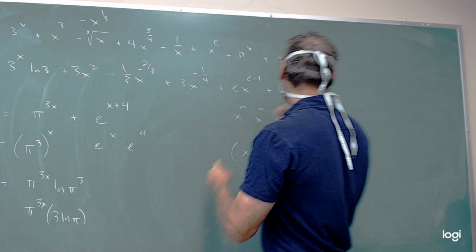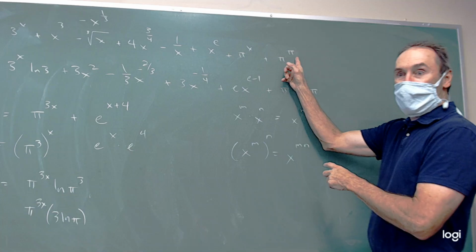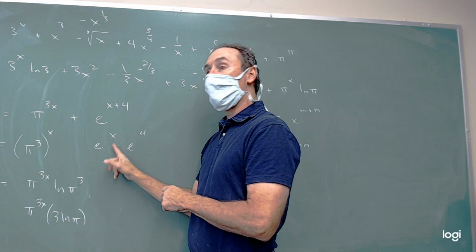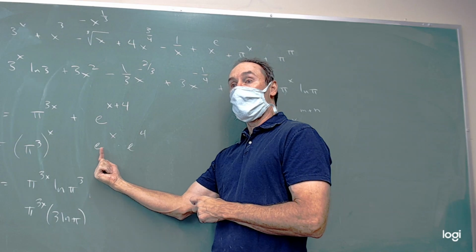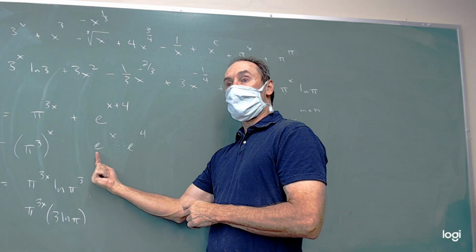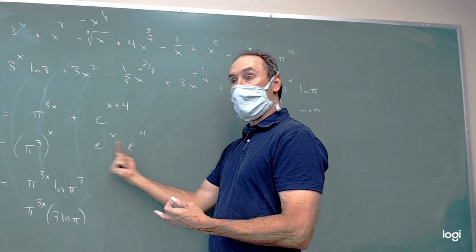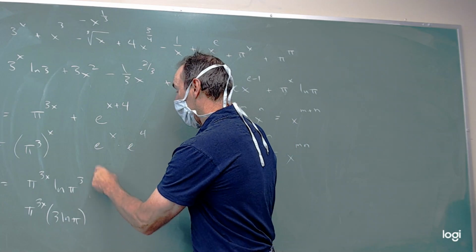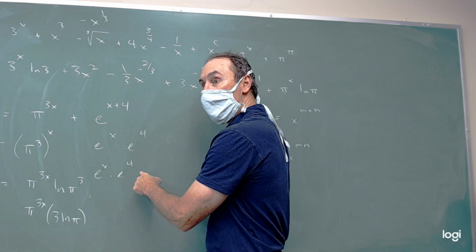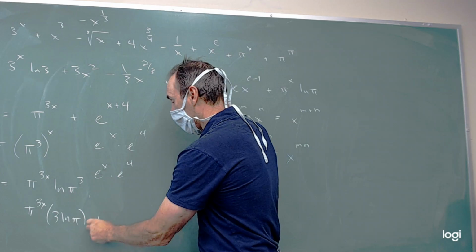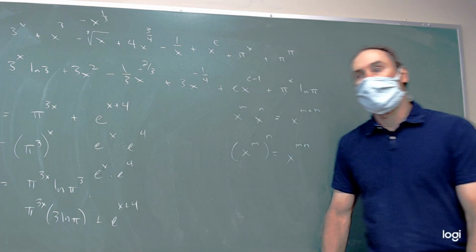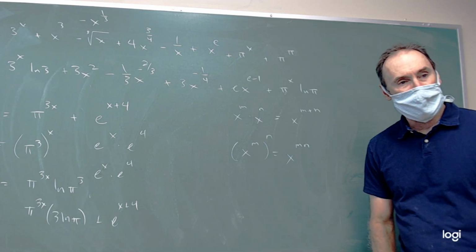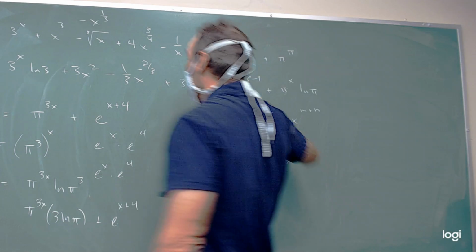Remember, our derivative of a constant would be 0, but now it's a function because you got that x in there. So this is our new favorite derivative. You're going to get right back to e to the x times e to the fourth, because of the constant times the derivative. Well, we can go right back to where we were. That's going to be e to the x plus 4. Crazy stuff, but kind of fun.